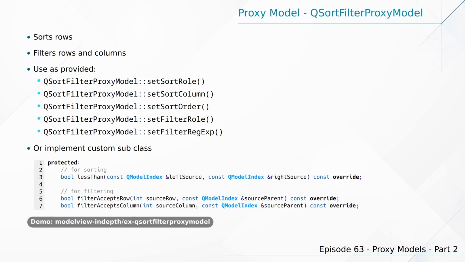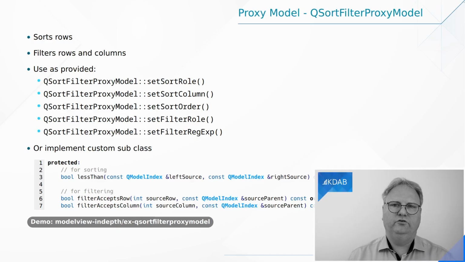For filtering, we have filter except rows and filter except columns, which basically given an index given a source parent and an index, it tells whether that one should be filtered in or out. And I'll show you examples of these two right now.